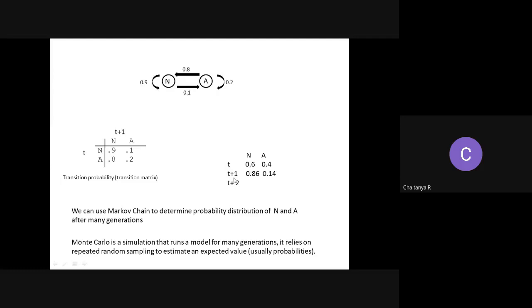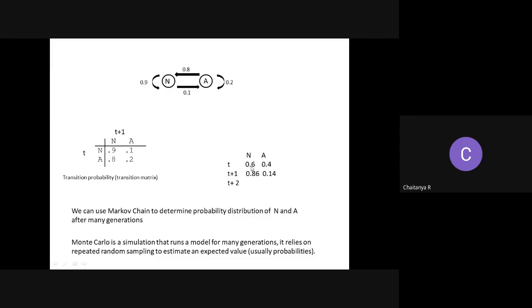But for time t plus 1, let's say 1 week from now, how many customers or what market share will Nandini have versus the market share that Amul will have, right? So how do we calculate this? We know that Nandini has 0.6.